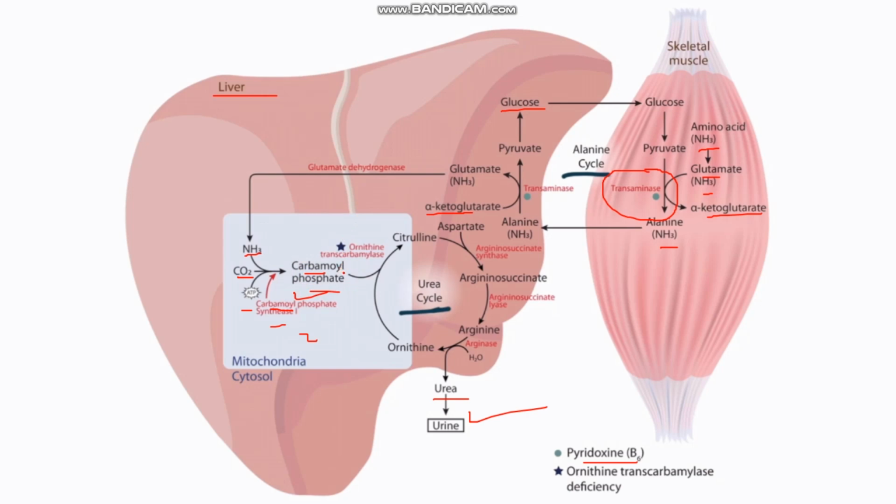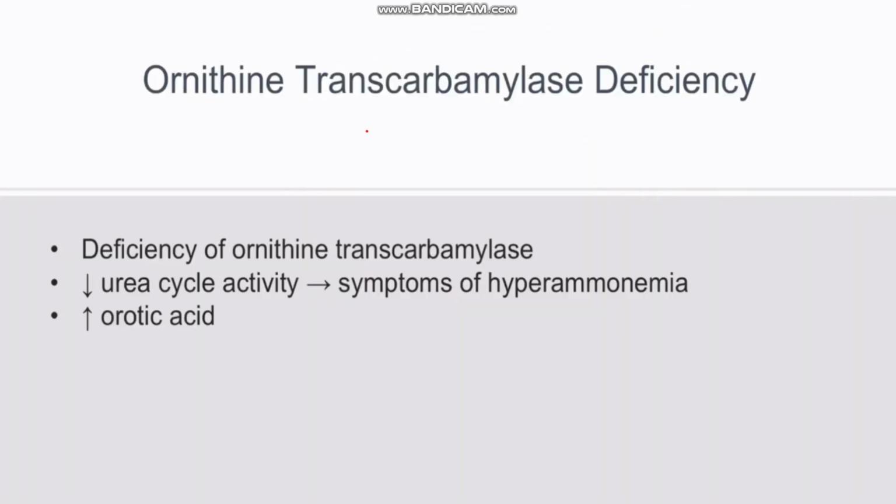Now this carbamoyl phosphate combines with ornithine with the help of ornithine transcarbamylase. This is a very important enzyme, and its deficiency is a very common cause of hyperammonemia, a very common liver disorder. So the deficiency of ornithine transcarbamylase results in hyperammonemia.